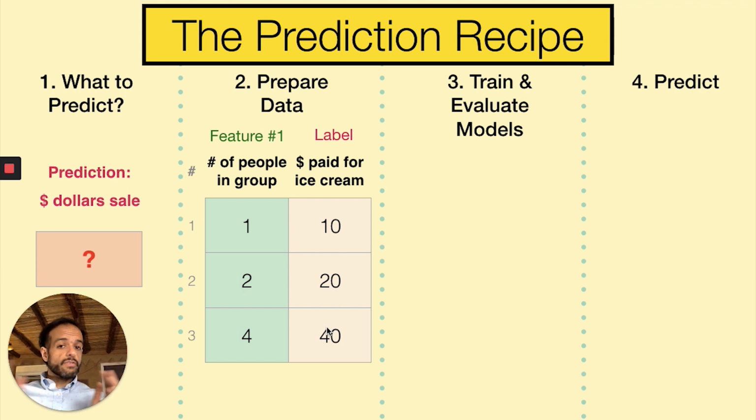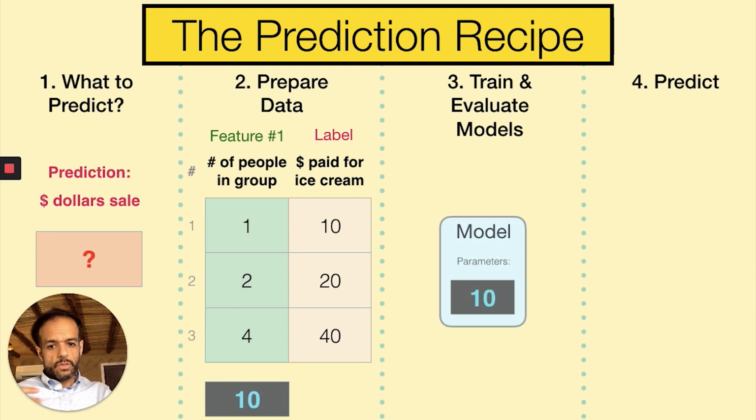Now, we have never seen a group of 3 people walk into this ice cream shop before, and so we asked ourselves, despite that we've never seen a group of 3 people, is there anything we can learn or infer from this data set that allows us to make a guess or an estimate or a prediction of how much a group of 3 people would pay?